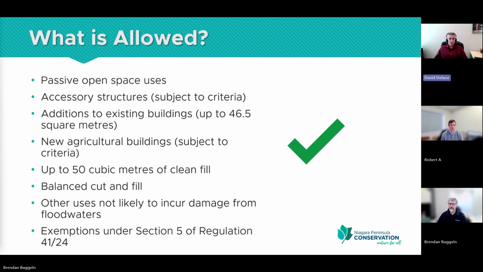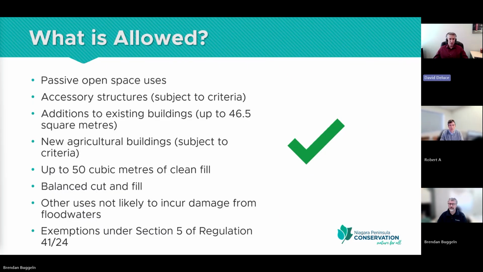So when we're dealing with a floodplain, what types of uses or activities are allowed? So first of all, we allow for passive open space uses. So if there was a park with minimal structures, maybe playground equipment, but no buildings or anything bigger than that, but just open space. Accessory uses, so sheds, stuff like that, subject to criteria. There's some details about what size limits are and maybe some floodproofing requirements.